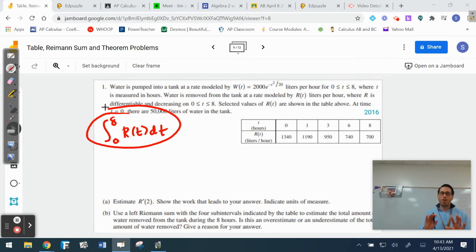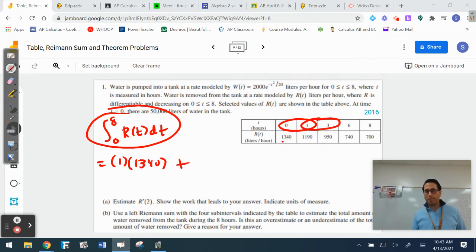Is it an over or under estimate? This is just LRAM, and it's done with 4 subintervals, so we're going to start here, 0 to 1. It has a width of 1, and the rectangle would just be the left one, so it'd be times 1340. Plus the next one is from 1 to 3. 1 to 3 has a width of 2, and the height I'm going to use is 1190 because I'm going to use LRAM.